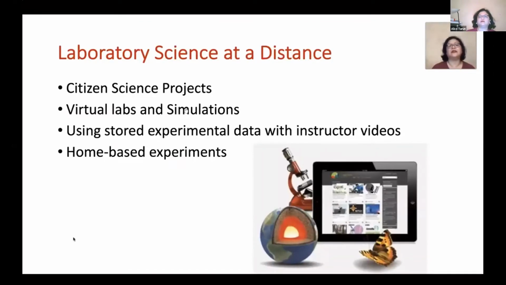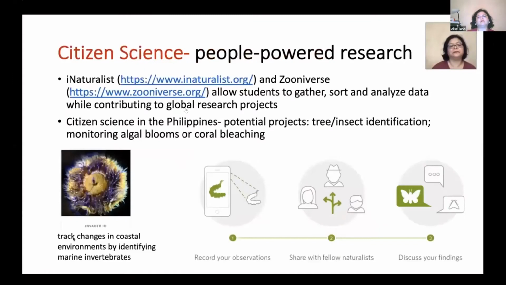And for working with data, the students can use experimental data with instructor videos. And to give them some hands-on learning, they can do home-based experiments.